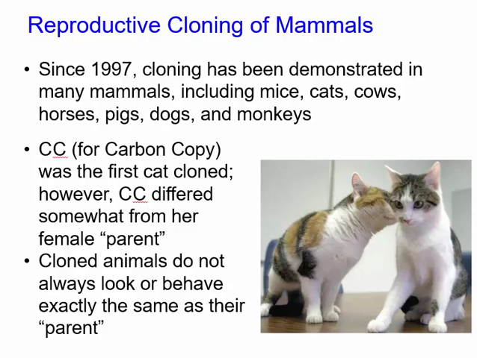Here's another interesting example here. CC, for carbon copy, this cat here on the right, this is CC here on the right. But CC was different in hair color pattern here. So we see the parent cat has patches of orange fur, but CC did not have orange patches of fur.